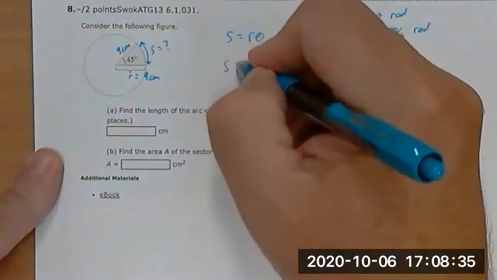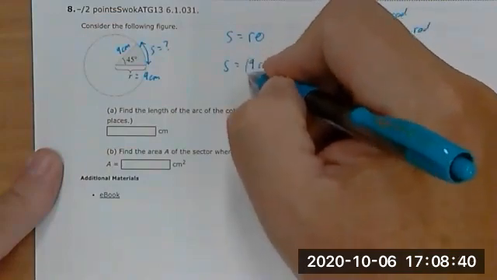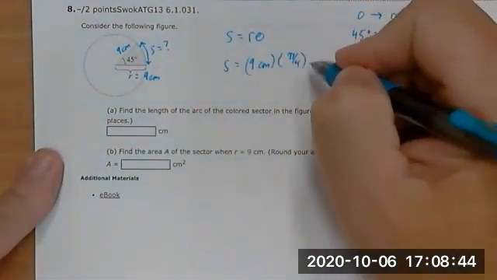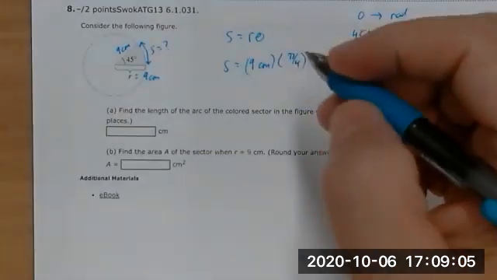So I can say S equals radius 9 centimeters times pi over 4. So this is part one, and they say round to 2 decimal places. So I'm going to grab my calculator. And you want to use your pi key on your calculator to get all the precision. So pi times 9 divided by 4 equals 7.0685.